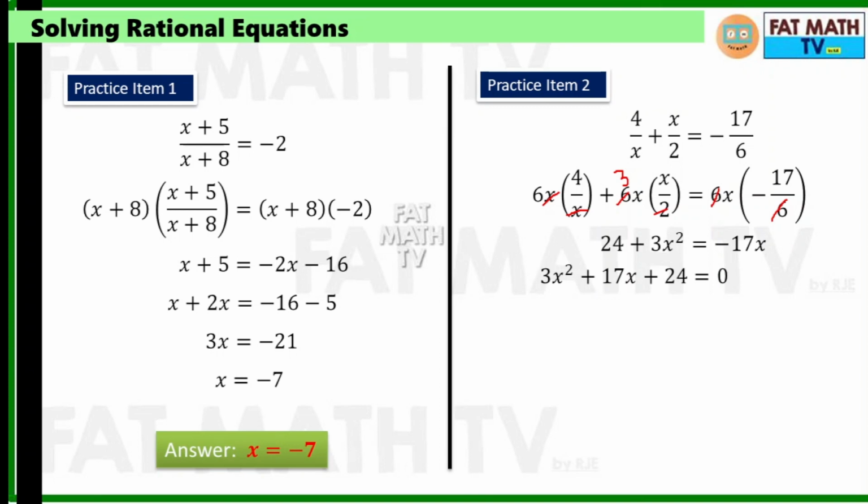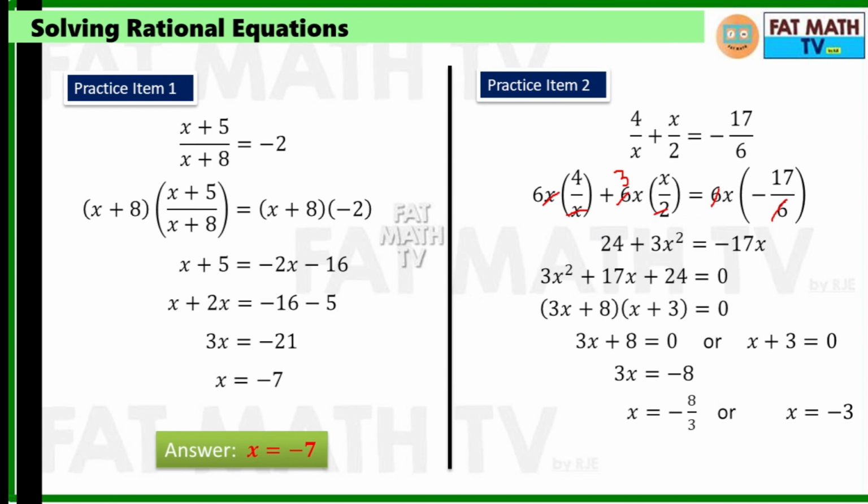So 3x plus 8 equals 0 or x plus 3 equals 0. That is 3x equals negative 8 or x equals negative 8/3. For x plus 3 equals 0, add negative 3 to both sides of the equation. You will have x equals negative 3. And then after that, you substitute to the original equation, and you will have both of them are correct, negative 8/3 or negative 3.